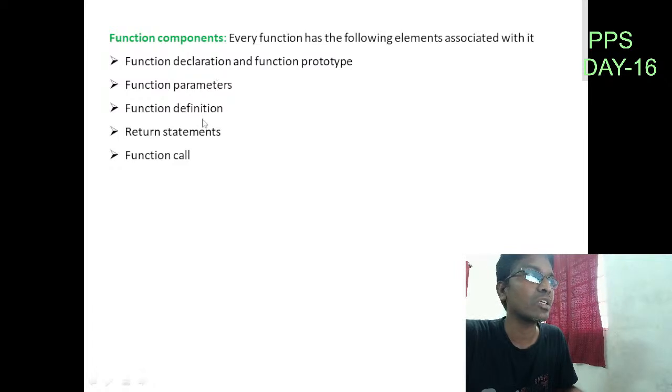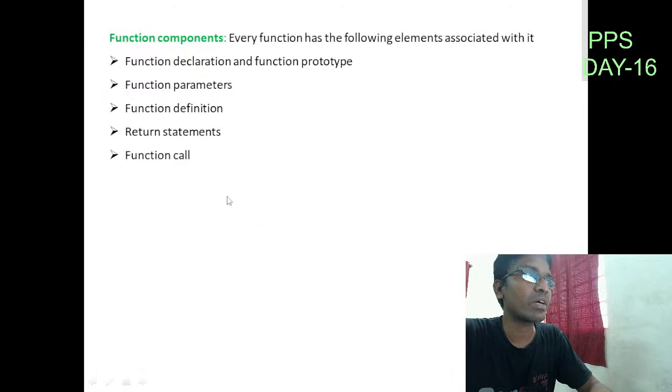And after that, you want to know what a calling function and a called function are. That is function definition and function calling. After that, you want to understand return statements, and where you can use them. So let me explain one by one.